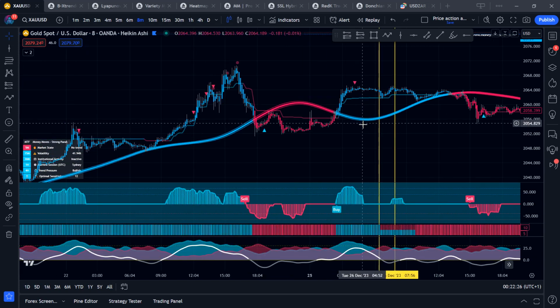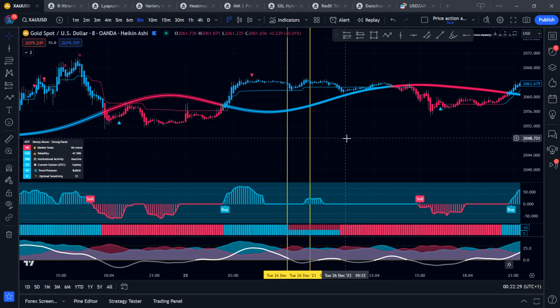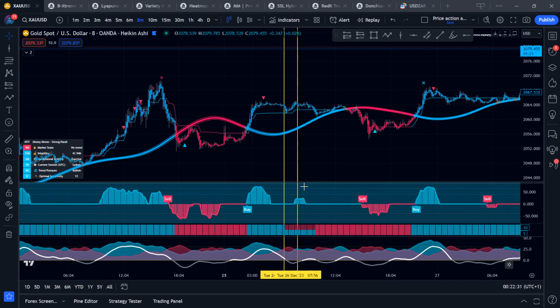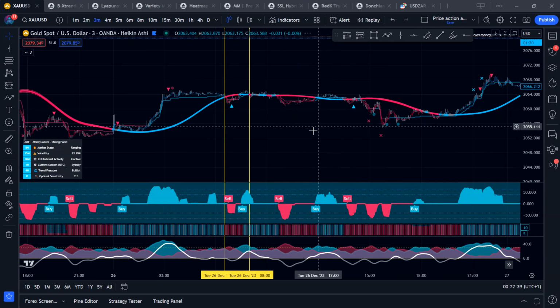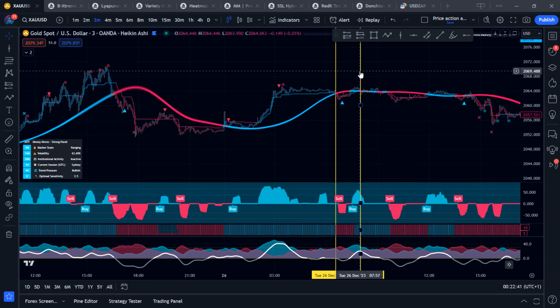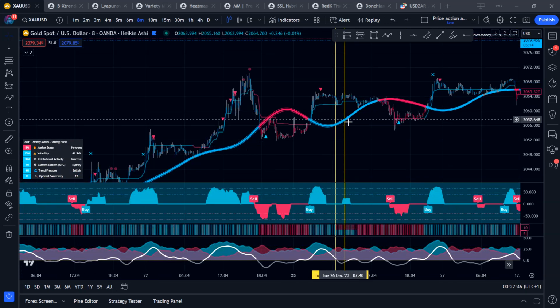So you can use the higher time frame to spot pullbacks and reversals and stuff like that. Let's go back to the 3-minute, and that way we can avoid potential false signals by just going to the higher time frame and seeing that it's actually an uptrend.